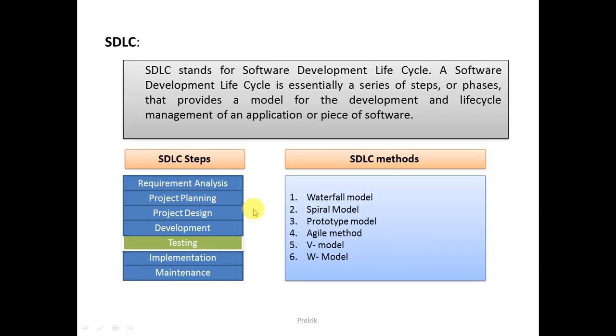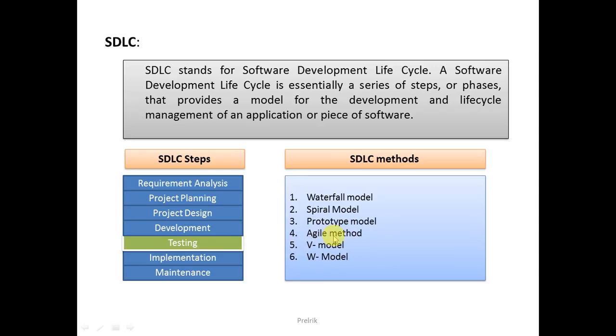Till nowadays, there are many companies who use the waterfall model. And then there are the spiral model, prototype model, agile model, V model, and W model. Many companies are working especially on the V model, W model, or agile model. So we'll explain all this.